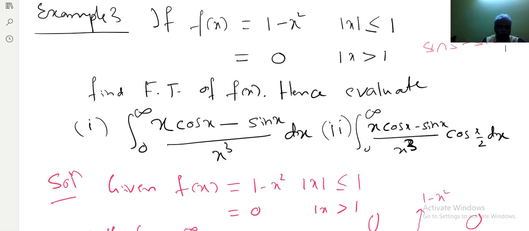So considering inverse Fourier transform of this, first we have found the Fourier transform of this.